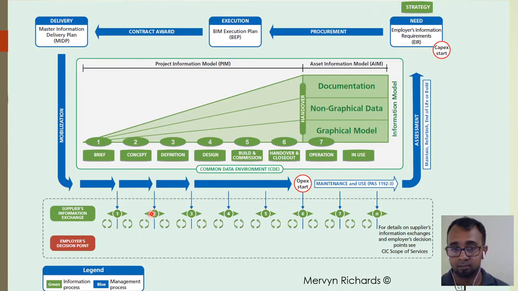The suppliers have produced the required or agreed information as required, and without making sure that everything is in place, as you can see from this diagram, it does not recommend you to go to the next stage. So at the end of the briefing stage, you have to verify that you are fully ready to go to the next stage. That does not mean that you exchange information at this stage only.